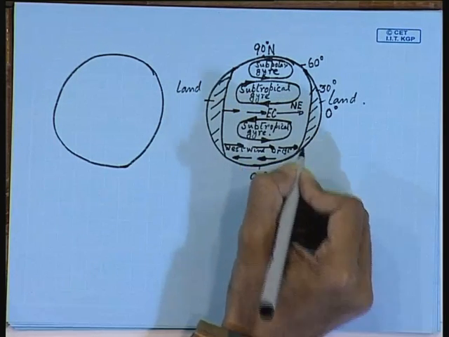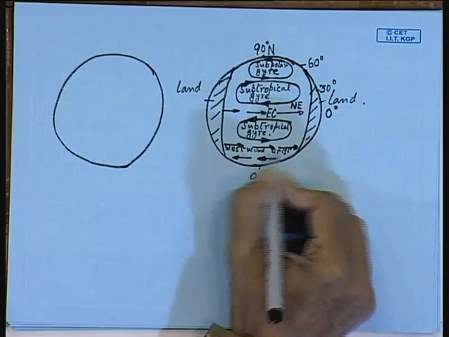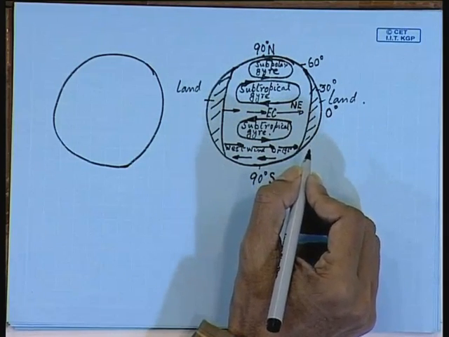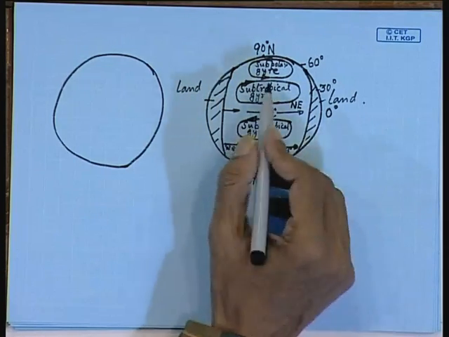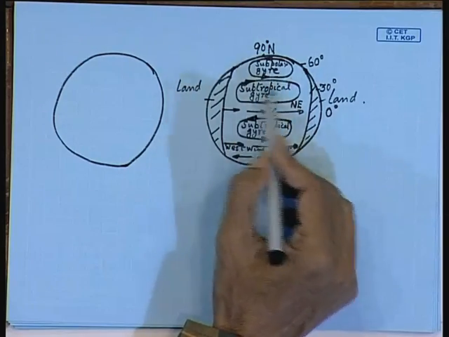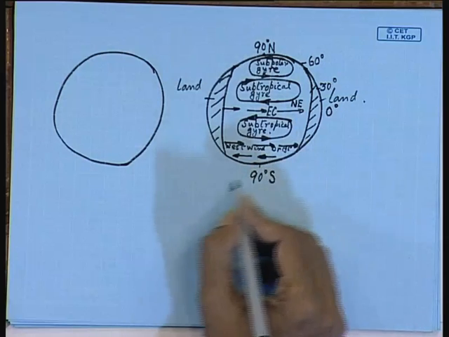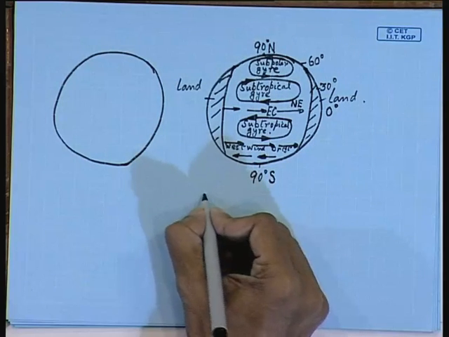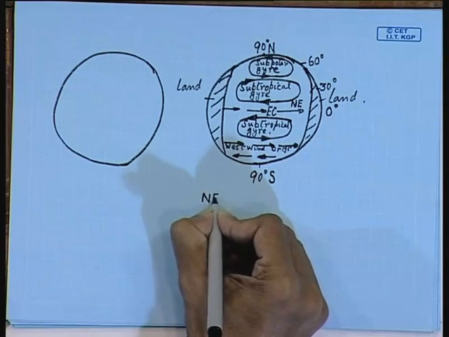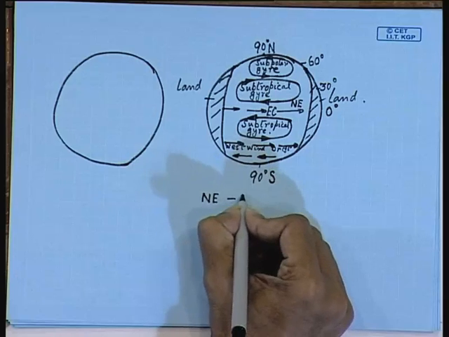That is the coast of Antarctica. It is more or less unaffected by your land mass. But in the northern hemisphere, you have more land mass. So that is why you are having this gyre. So NE stands for North Equatorial Current.